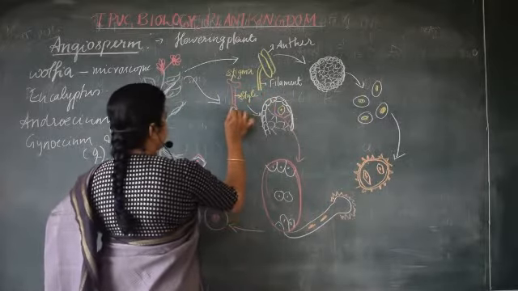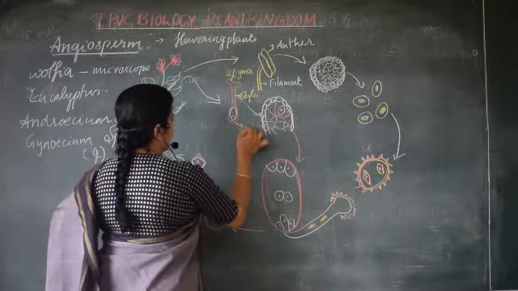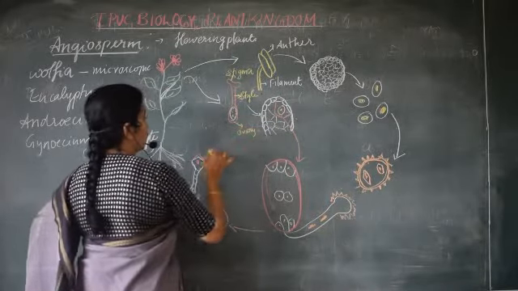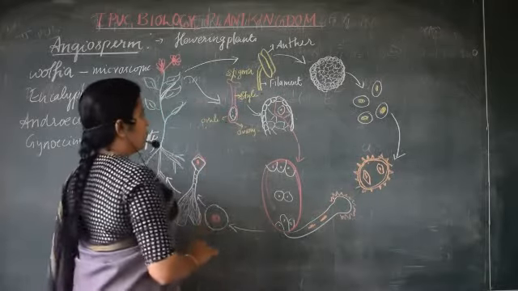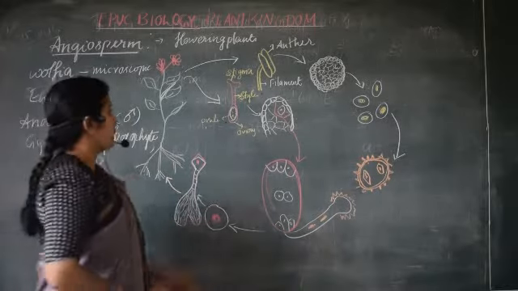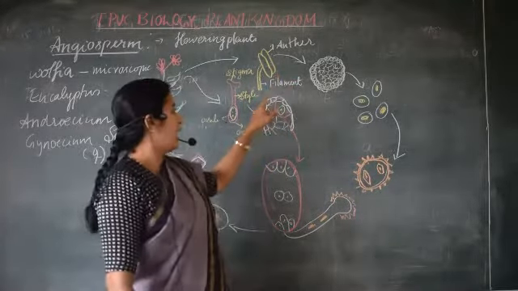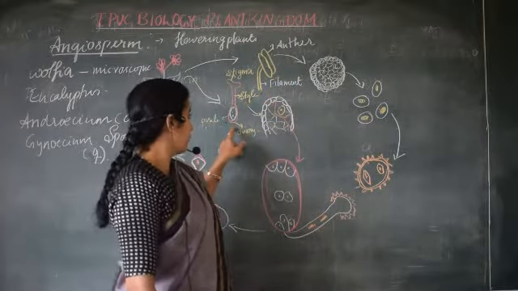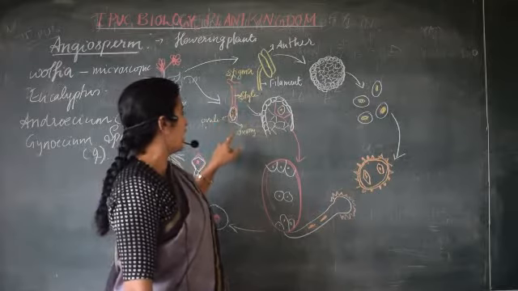Then this is the ovary, and inside it has the ovule. Now, the male reproductive unit consists of the anther at the tip and the filament. The female reproductive unit consists of stigma, style and ovary.